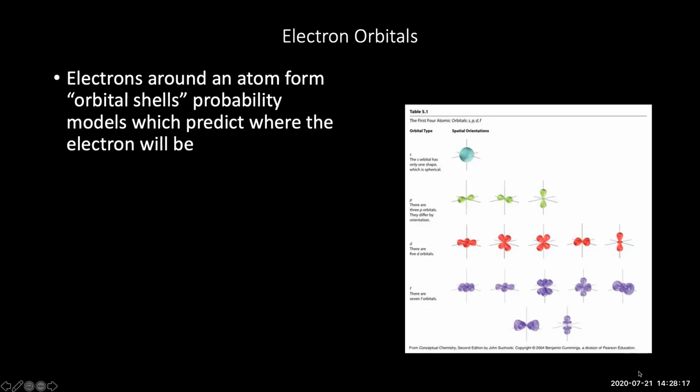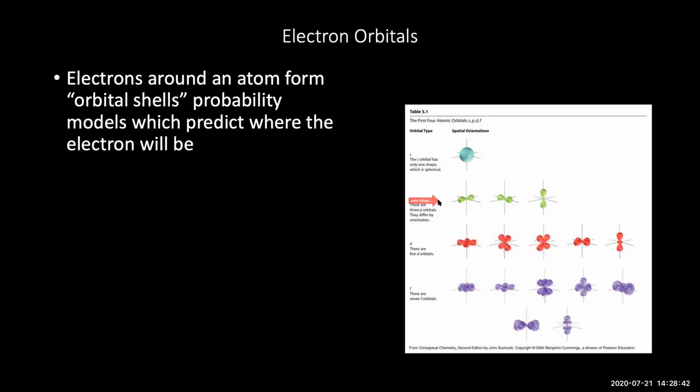So for example, in the lowest orbital shell, the s orbital, S for sphere, the electron occupies a region of space that looks like a sphere. So there is a probability that you will find the electron somewhere in this sphere.